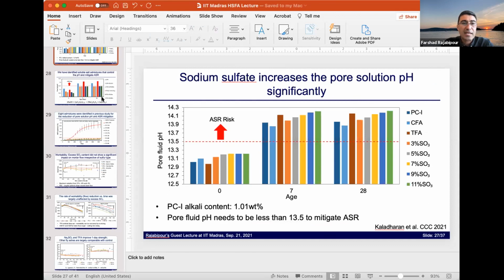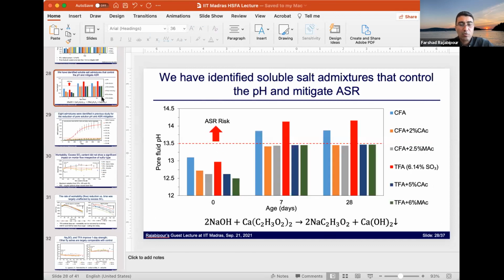So we considered some 700 soluble salts in concrete, and we used a methodical way of narrowing down the list. Finally we came up with a list of 8 salts, primarily calcium and magnesium salts, which we think have a lot of promise in regulating the pH and mitigating ASR.